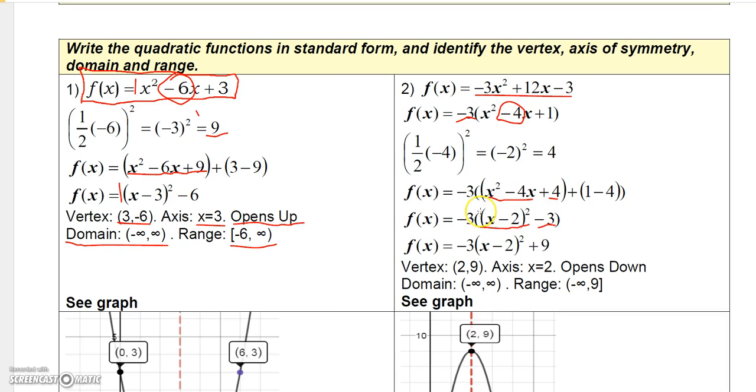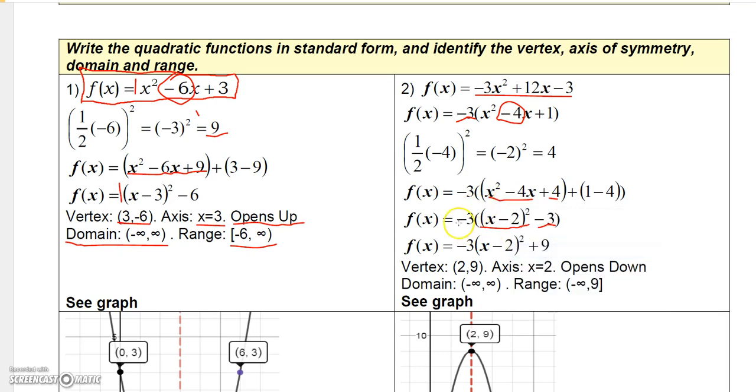Now notice I've got an extra set of parentheses here and here. I'm actually doing all this inside the parentheses with the negative 3 on the outside. So now what I've got to do next to get this in the proper form is distribute the negative 3 times this and times the other negative 3.